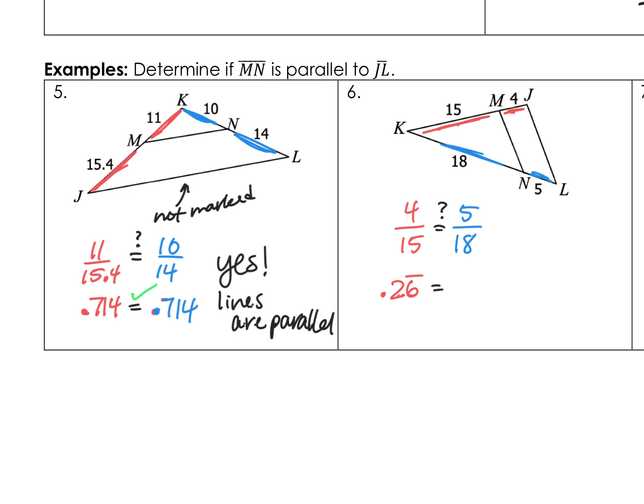So if I do 5 divided by 18, do I get the same decimal? No, sir. It's 0.27 repeating. Close, but no cigar. So you can put a big slash through the equal sign and tell me, no, they are not parallel. Because they're not equal.